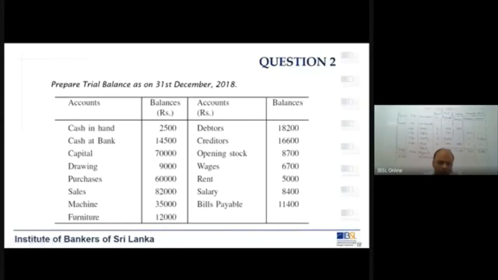There are 2 questions, by the way. One is this, the other one is this. So I want you all to do these 2 questions and keep it ready. When we meet next time, we will do both these questions. Okay, plus the petty cash question. Sorry, not the petty cash, the cash book question, which we will do also. Okay, so with this topic, I think we have covered the major introductory portion of your subject.